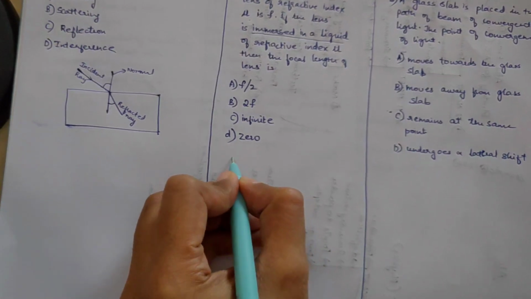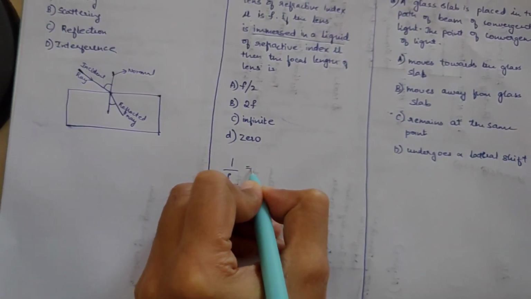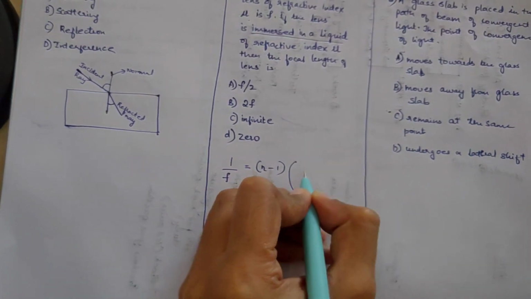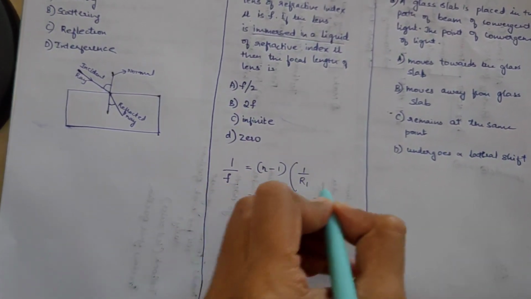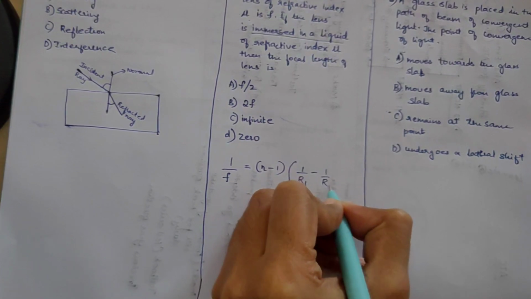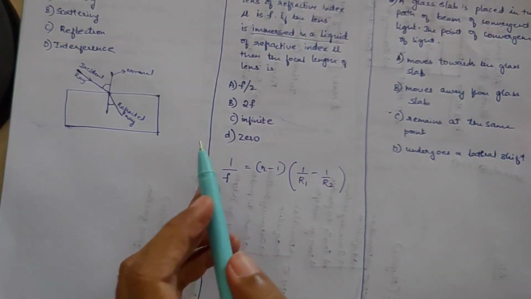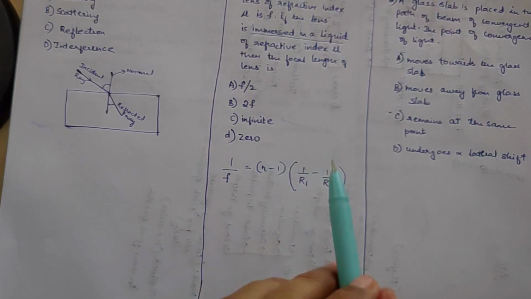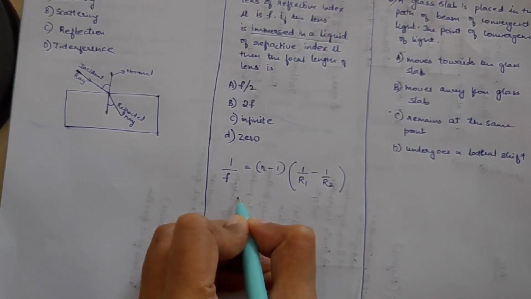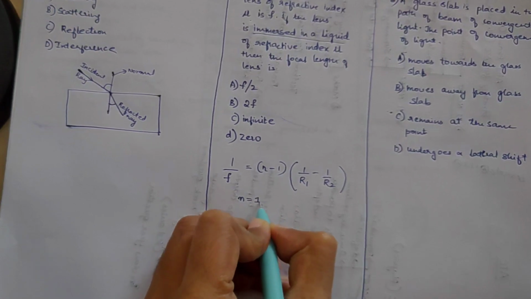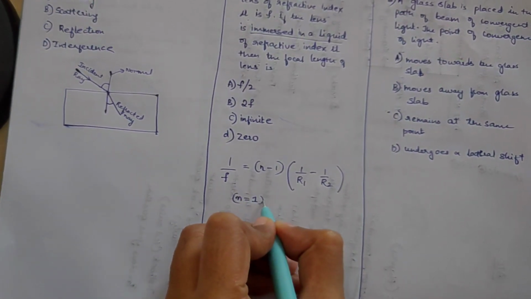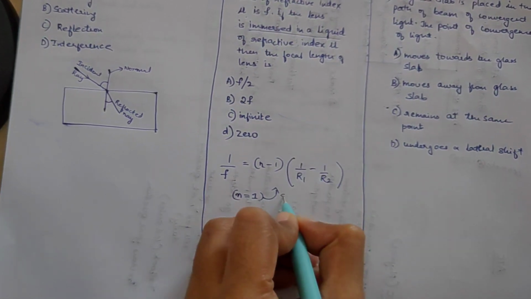Basically, we know the formula 1 by f is equal to (mu minus 1) into (1 by r1 minus 1 by r2). What they are stating, the lens is immersed in the liquid of refractive index equal to its own. Basically, that is n is equal to 1, they say, right? So substitute this in the above equation.